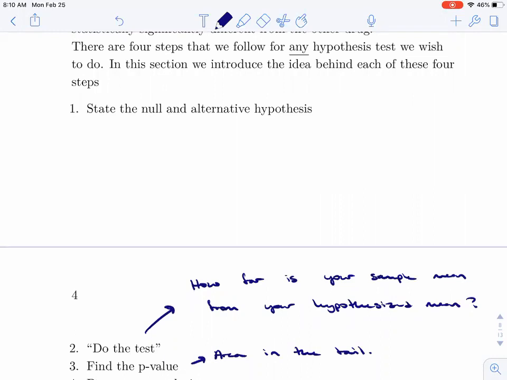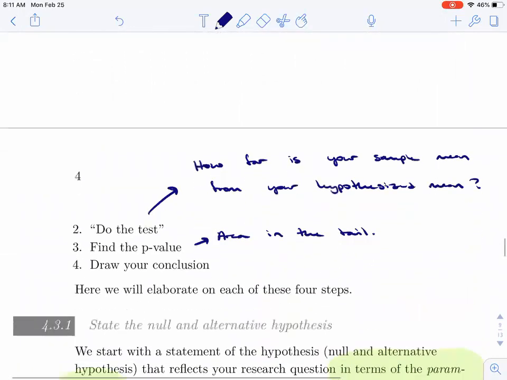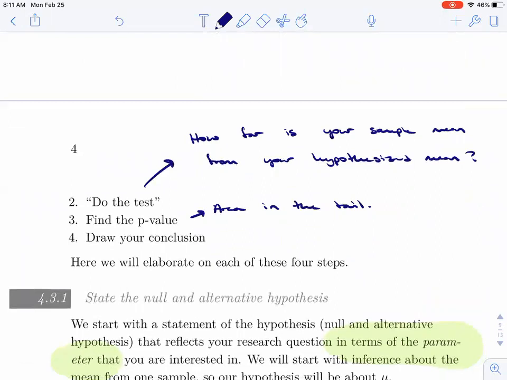I call this do the test, do the do. You actually know how to do the test already, because doing the test is just calculating a z-score. A z-score tells you how far this observed mean is from the hypothesized mean. We're just putting it into this context now. So doing the test is going to be some calculation, a z-score, and pretty quickly we'll move into t-scores instead, and then for proportions we'll move back to z-scores.